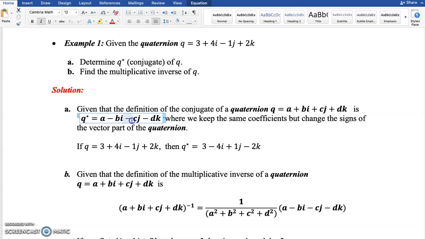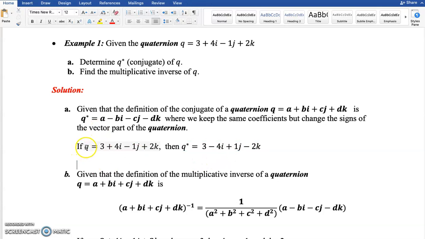The negative of c, in this case c is -1, its negative is +1, and d is 2, in this case then we obtain -2.